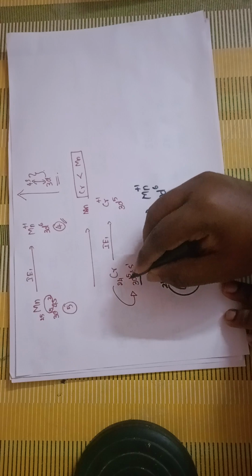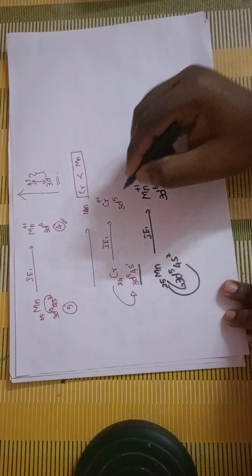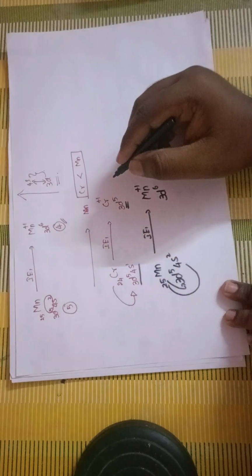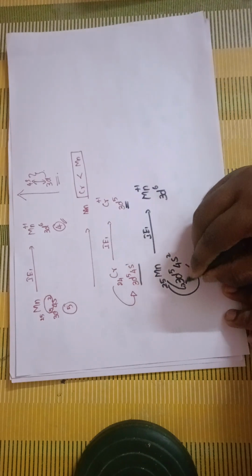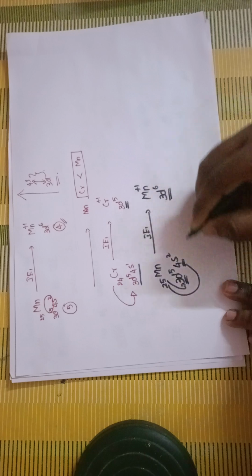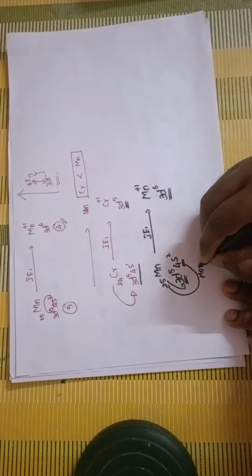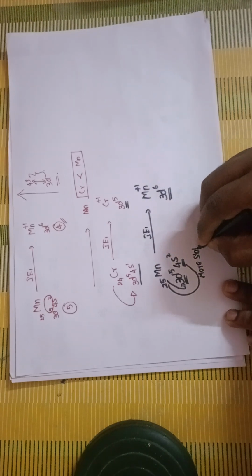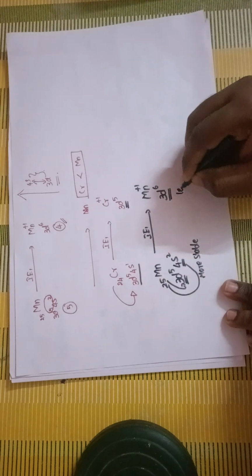In 3d it is half filled. In 4s it is also half filled. Here it is half filled. Here half filled, full filled, completely filled, but partially filled, which means more stable to less stable.